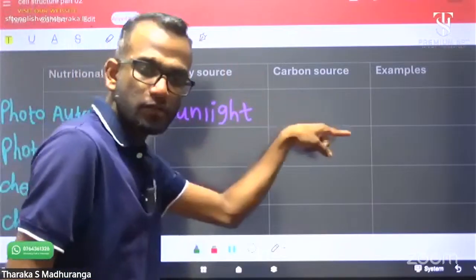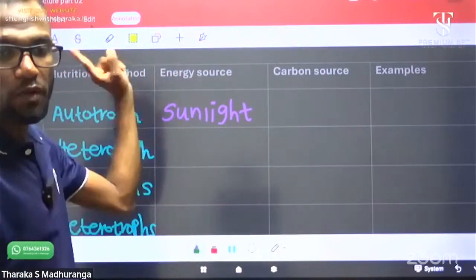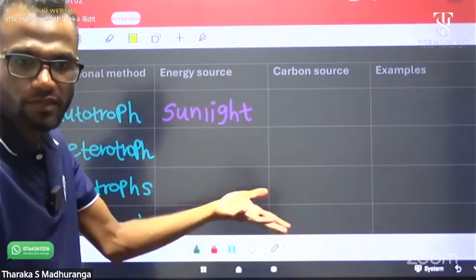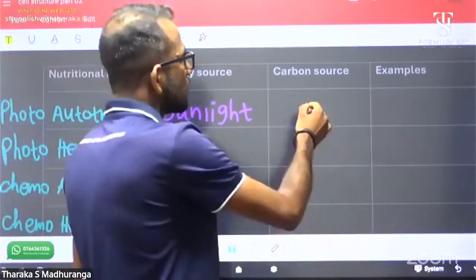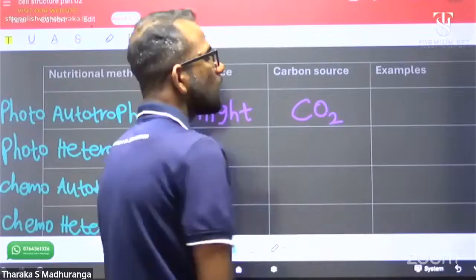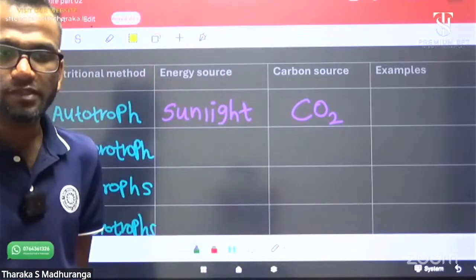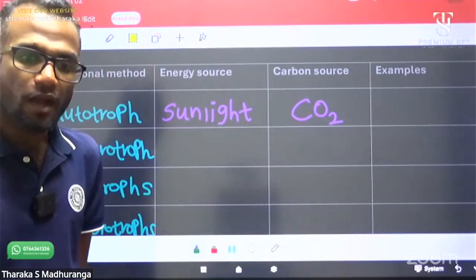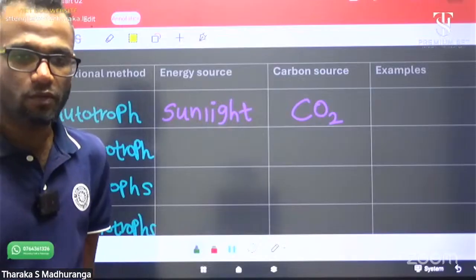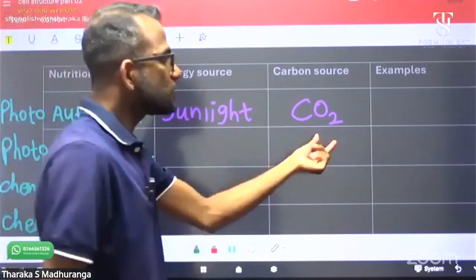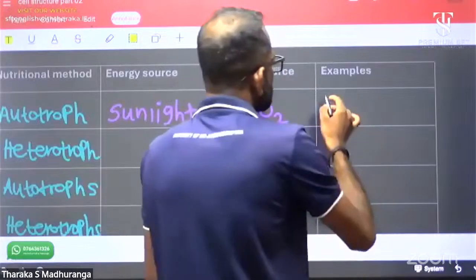Then what is the carbon source? Autotrophs mean they produce their own food. Therefore, for photosynthesis, carbon dioxide is the carbon source. What are the examples? Remember the examples.